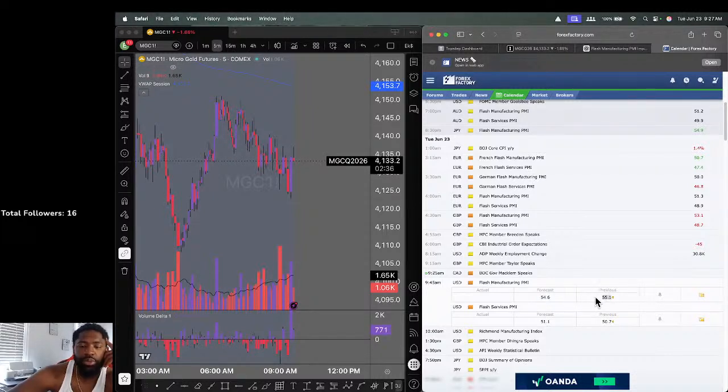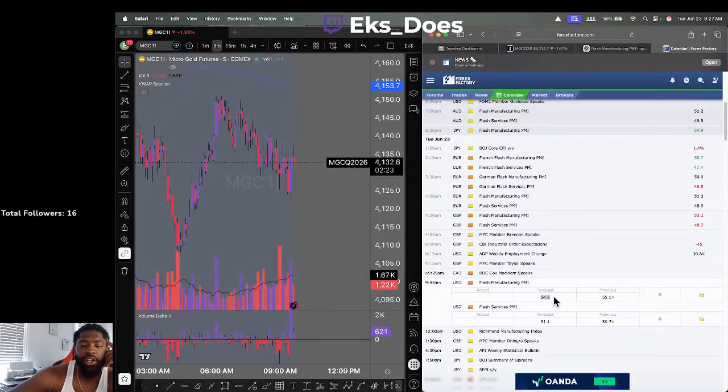The previous report was 55.1. And as far as the market goes, the people that are interested in the US dollar are forecasting that the number will go down, because the previous number was 55.1.